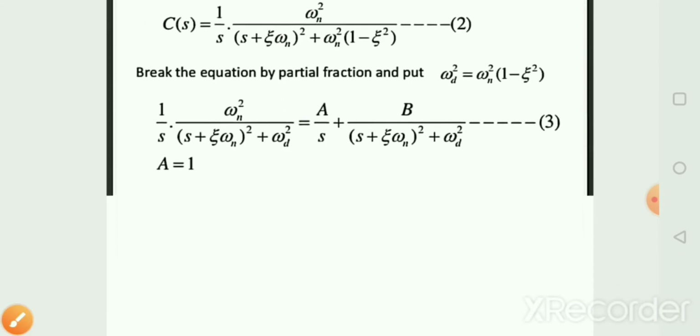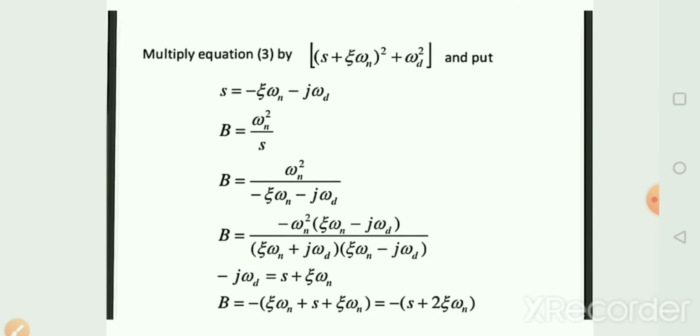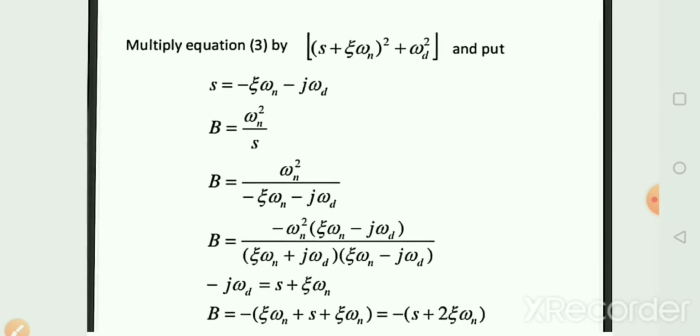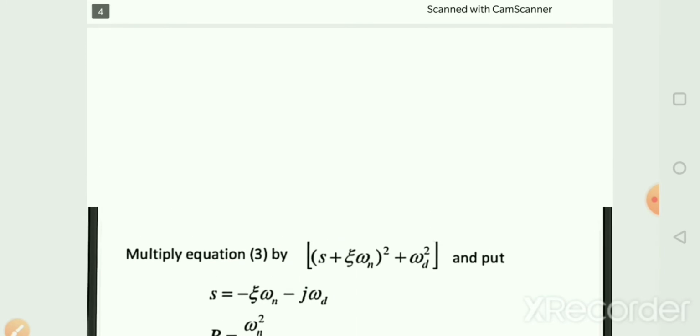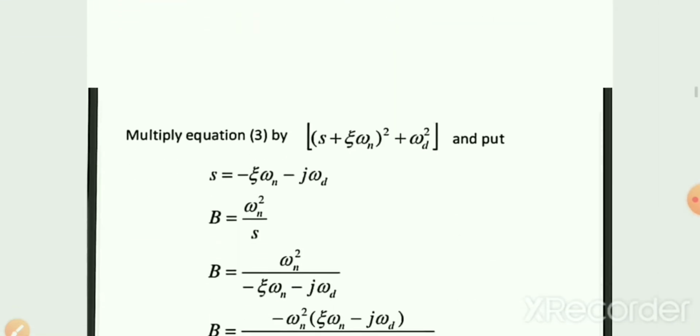To find the value of b, we multiply the third equation by (s + ζωn)² + ωd², then put s equal to −ζωn − jωd. To find the value of a, we multiply this equation by s and put s equal to 0.